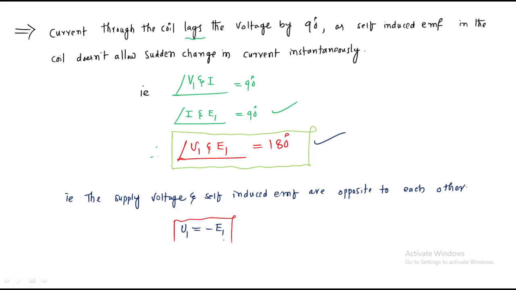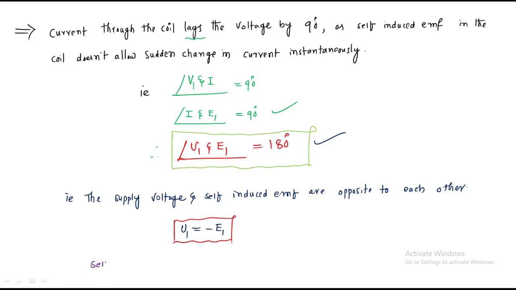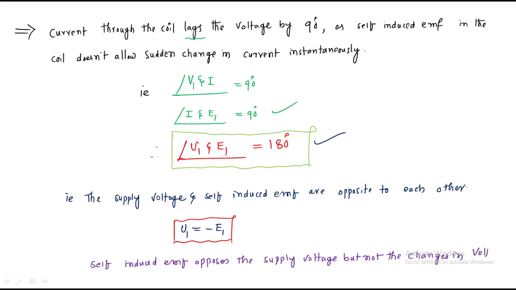This negative sign represents what? Opposition, right? That is, self-induced EMF opposes the voltage but not the changes in voltage. Self-induced EMF opposes the supply voltage but not the changes in voltage.